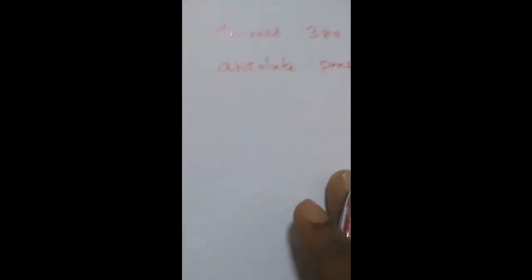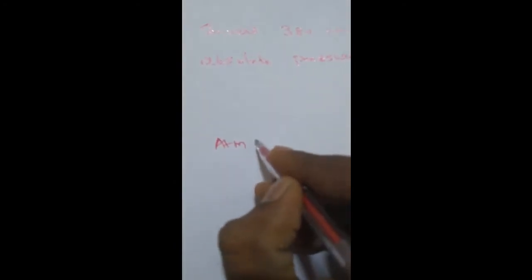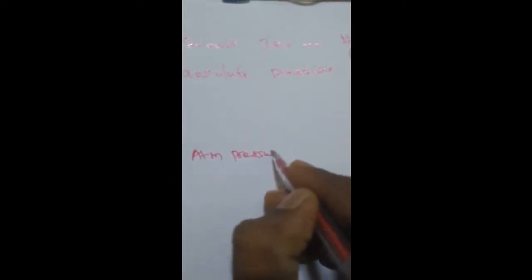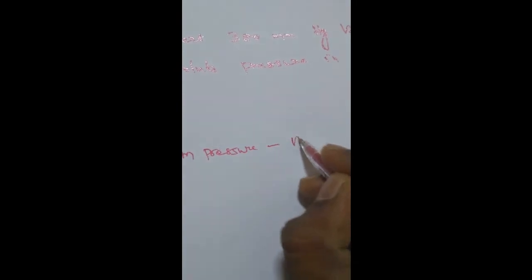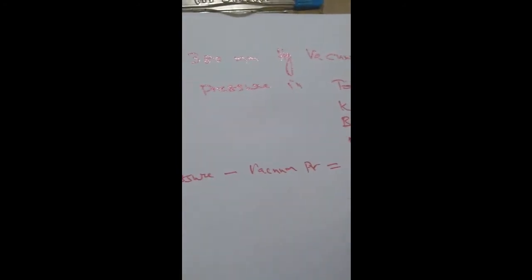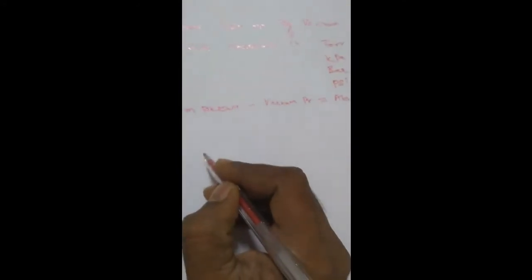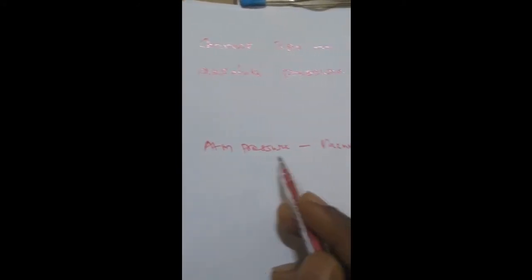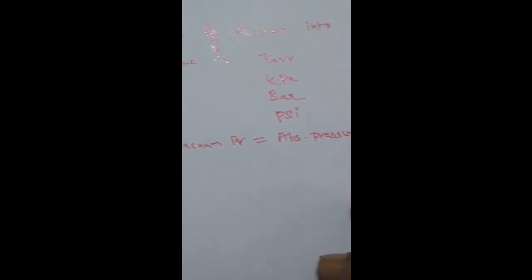How to do it? First we should know the relationship. Atmospheric pressure minus vacuum pressure is equal to absolute pressure. I'm repeating, atmospheric pressure minus vacuum pressure is absolute pressure.